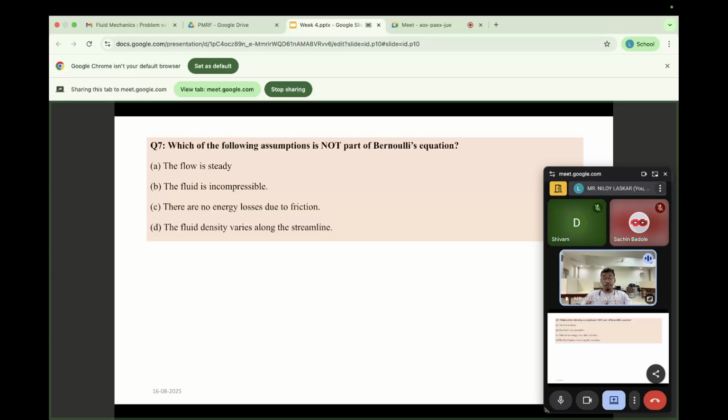See, it's quite an important question. You will find this question many times, even in GATE. In the GATE exam, about 5 to 6 times in the last 12 years this question has come in different forms, not exactly like this, but the concept is the same. The question is based on the assumptions of Bernoulli's equation. You need to know what exactly these assumptions are.